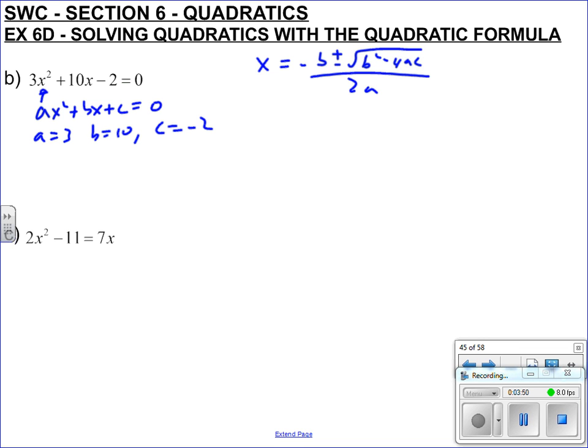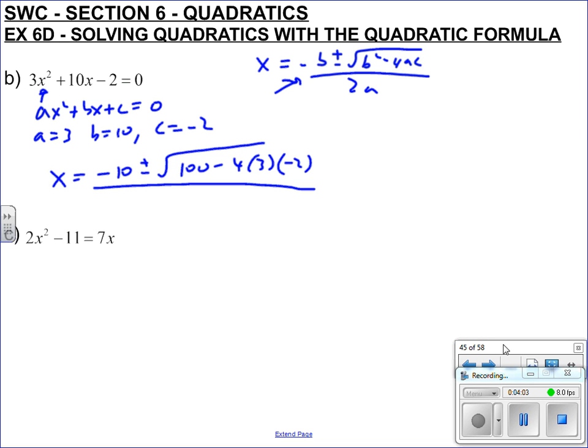And then we can go straight for x equals then minus b, so minus 10 plus or minus. b squared is 100. Take away 4 lots of a, which is 3, and c, which is minus 2. So I would get the calculator out, and on the bottom we've got 2 times a, which is 6. So at the moment we've got x is minus 10 plus or minus, and what is 100 take away 4 times 3 times minus 2?